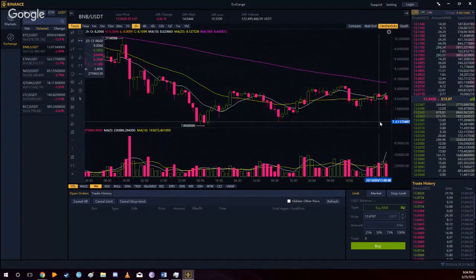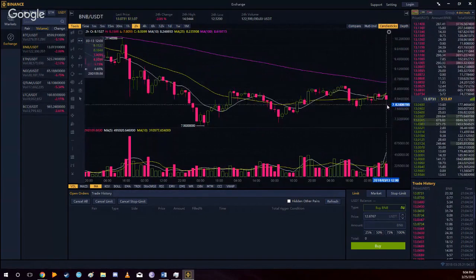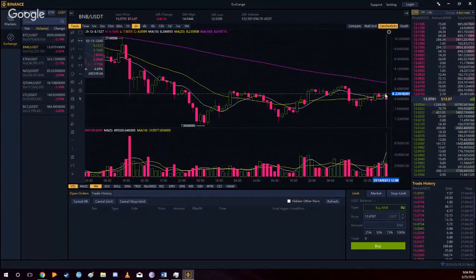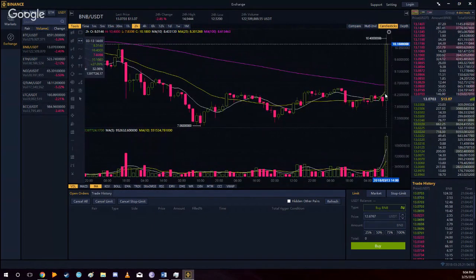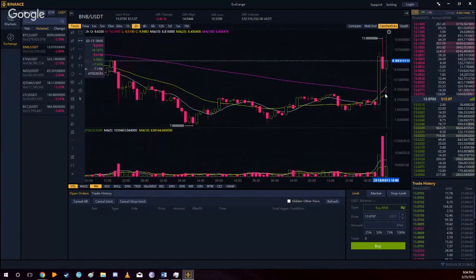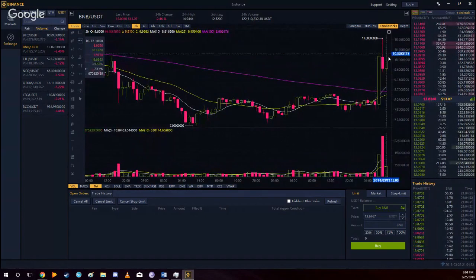It could have gone up, or it could have tested this MA100 and bounced back up with major losses. So what they did was make an announcement that they will go decentralized, and then pushed the price in a very bullish direction. Also, this right here is the start of our most recent BNB pump.